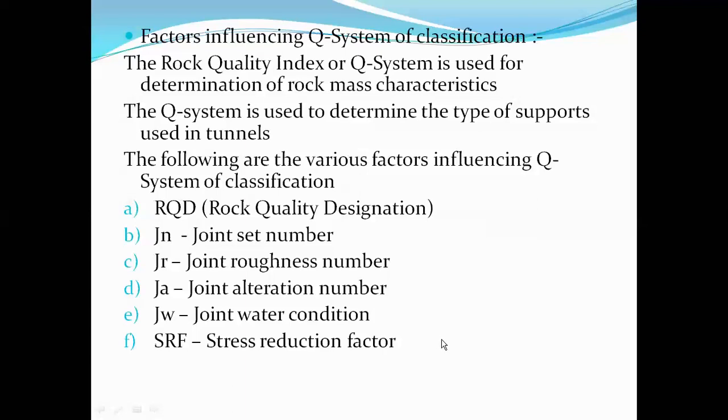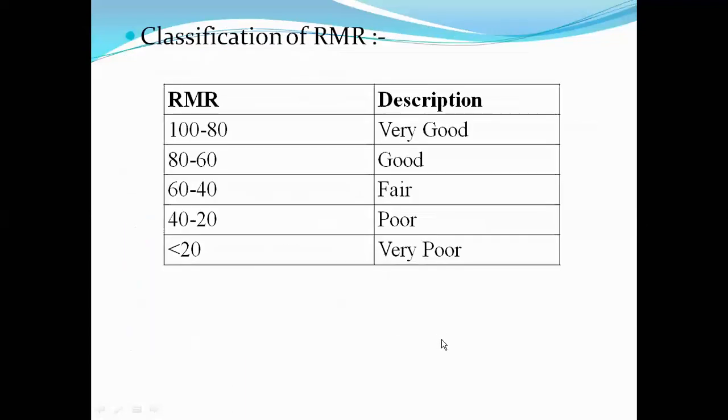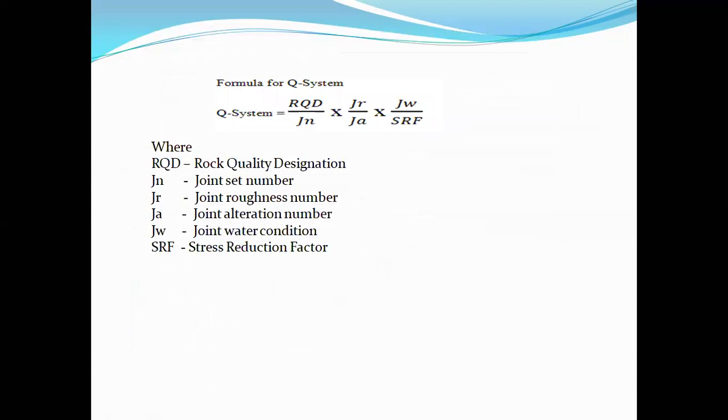Let us see the formula that is used, based on those 6 parameters, to calculate the value of Q. Q is equal to RQD by joint set number, multiplied by joint roughness number by joint alteration number, and again multiplied by joint water condition by stress reduction factor.